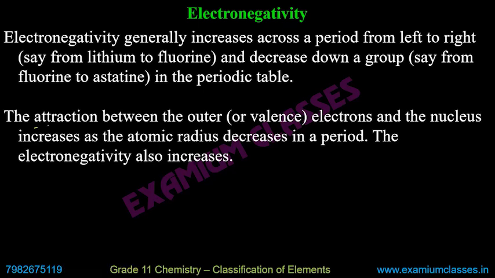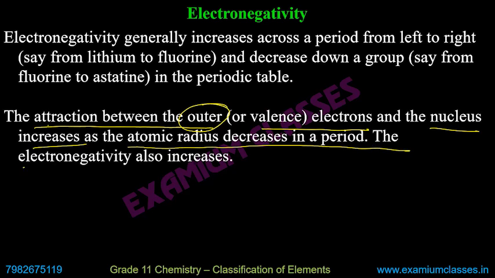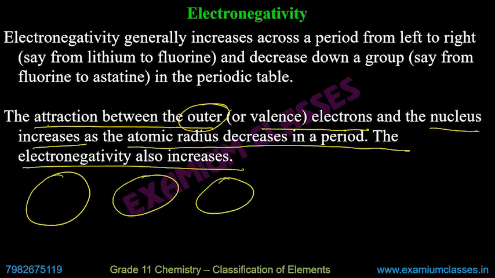The attraction between the outer valence electrons and the nucleus increases as the atomic radius decreases in a period. The electronegativity also increases. How are these interrelated? Can you guess? We are saying that the force of attraction increases when we move across the period.